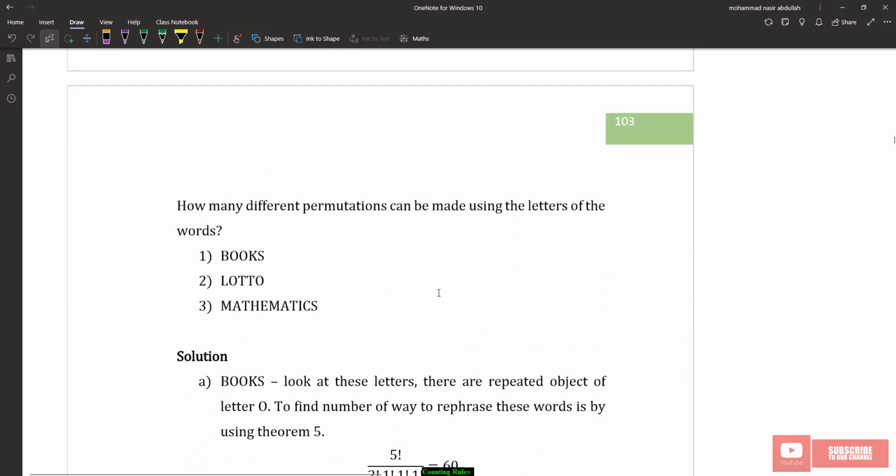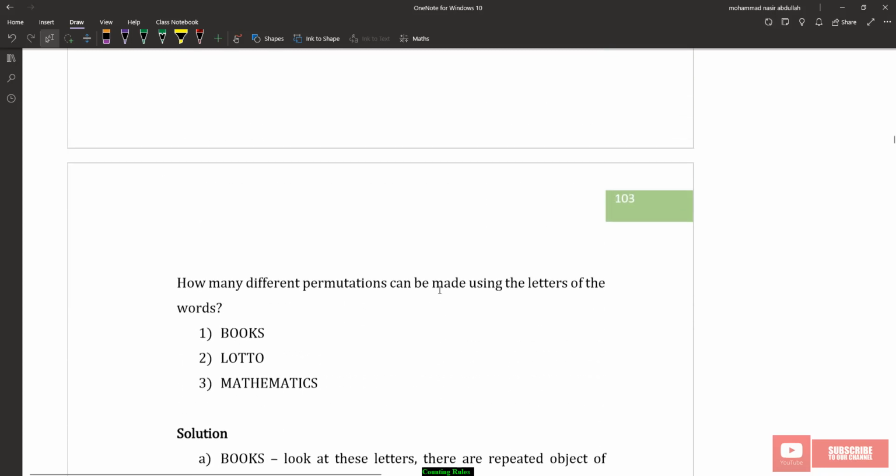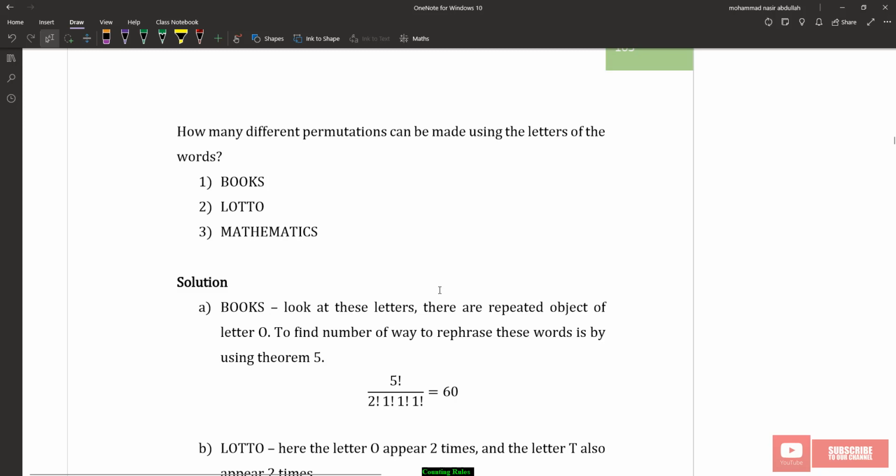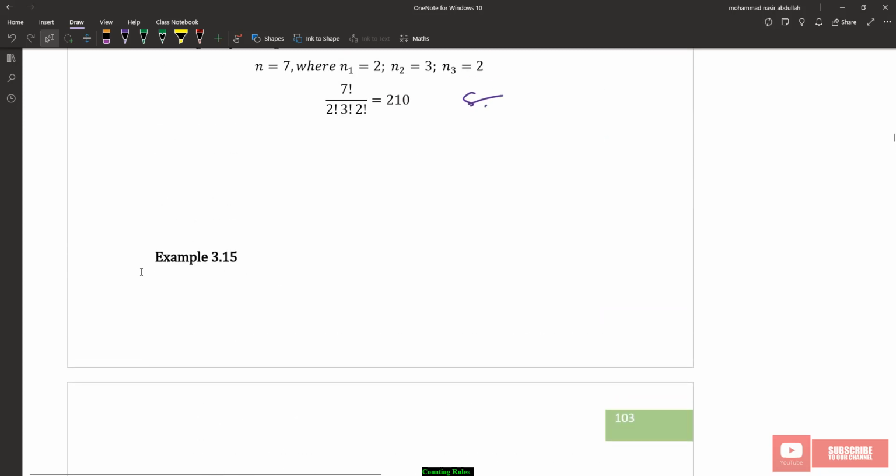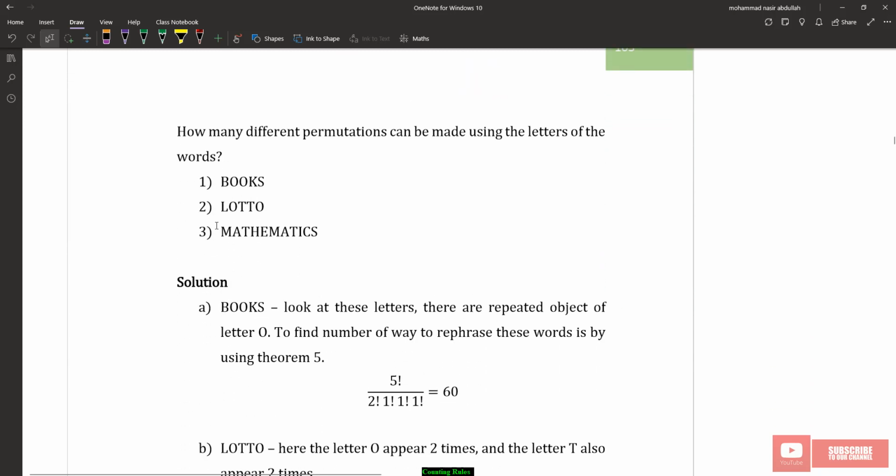Let's look at example 3.15. How many different permutations can be made using the letters of the word books? If you look at books, we have a double O. So the total is 5 factorial divided by 2 factorial, which is equal to 60.